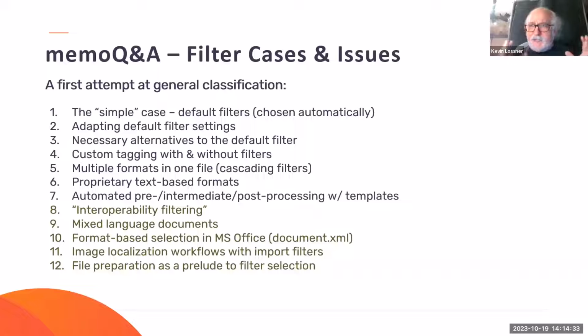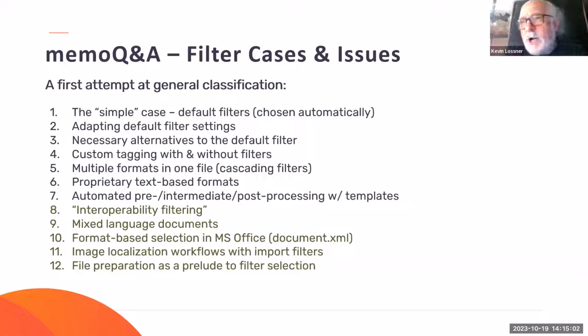And some of these elements can be handled automatically by the filters if you configure the import correctly. And for some of these other things, you might need to have subsequent filters in this possible chain that you can build in these, well, they call them cascading filters in memoQ.